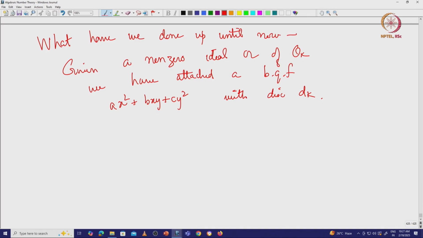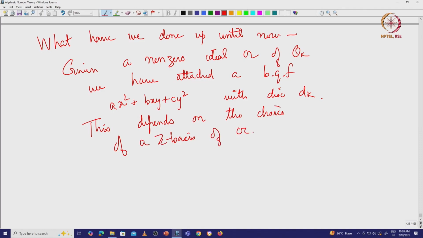Now what happens? This choice, a priori at least, seems to depend, and it actually does depend, on the choice of a Z-basis of A. So, what happens if you choose a different Z-basis?